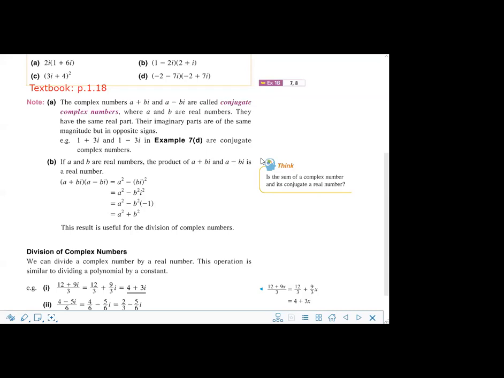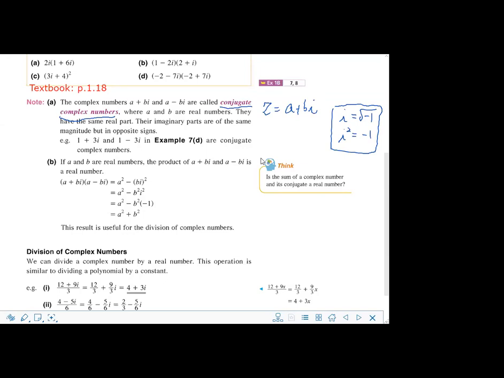This concept, conjugate complex numbers, is like this. A complex number Z is in the form of a plus bi, where i is equal to the square root of -1 and i squared is equal to -1. So this is the basic concept of a complex number.